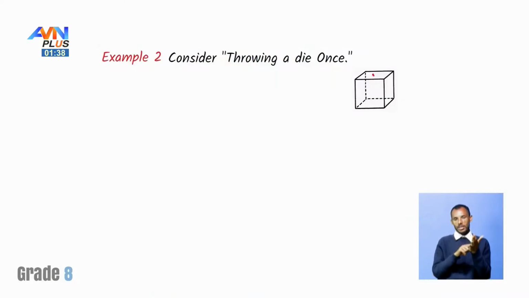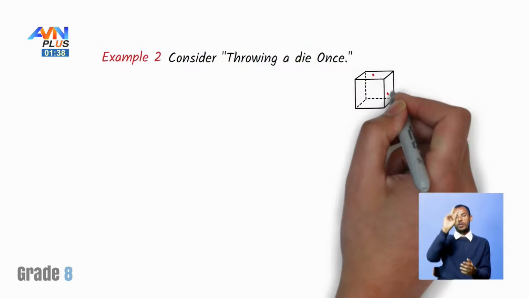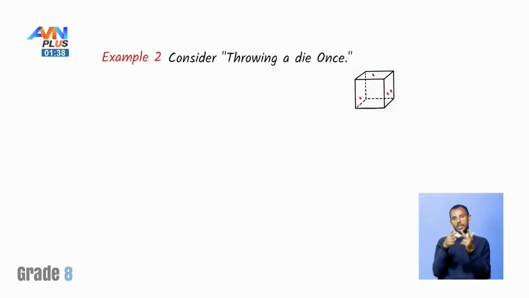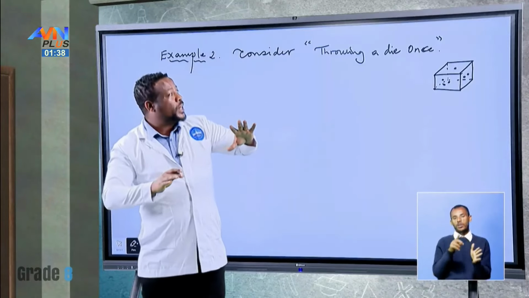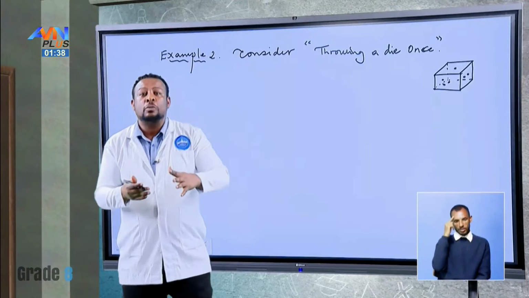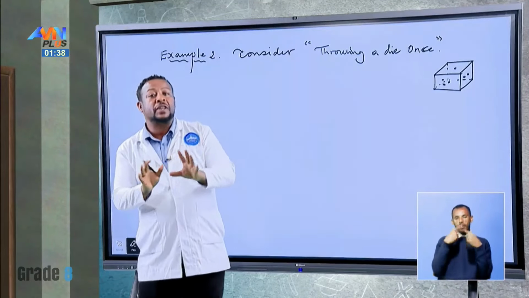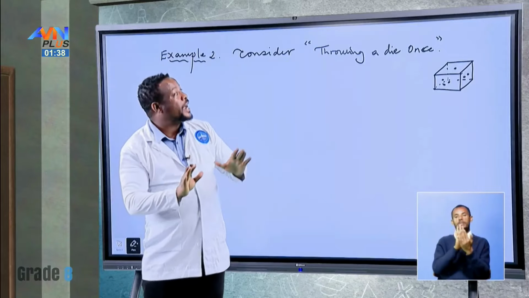On another face, you may have 2 dots. On the third face, you may have 3 dots. This may not be clear, but you can assume a cube having different numbers on different faces. So that is a die.